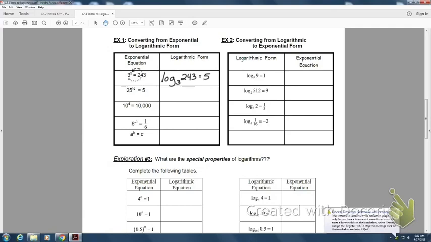So Tanner, what would the next one be? Log 25, right? So am I going to write it like that? No. What do you need to say before you say the number 25?